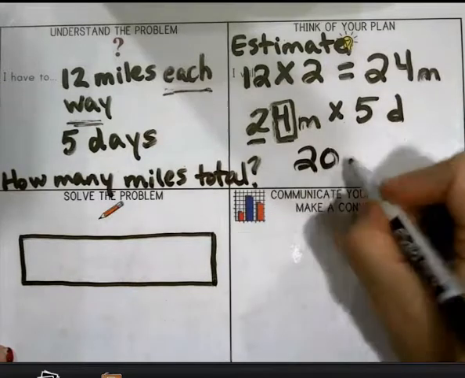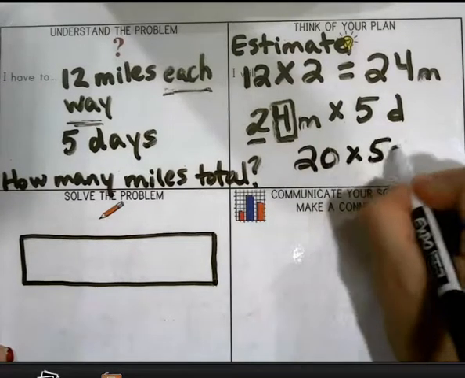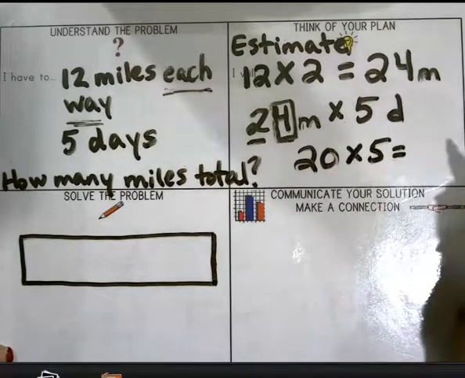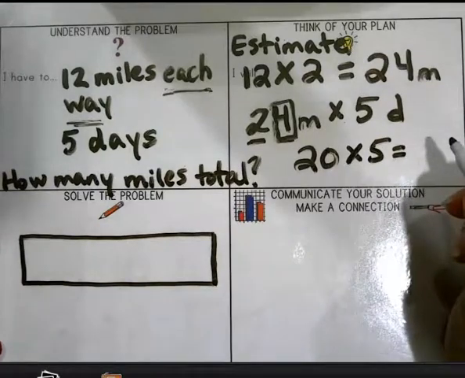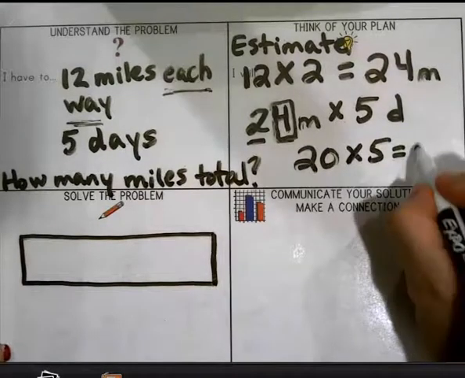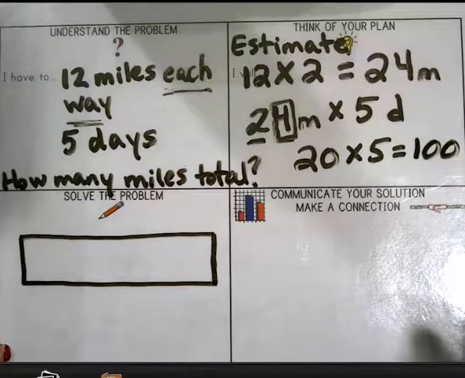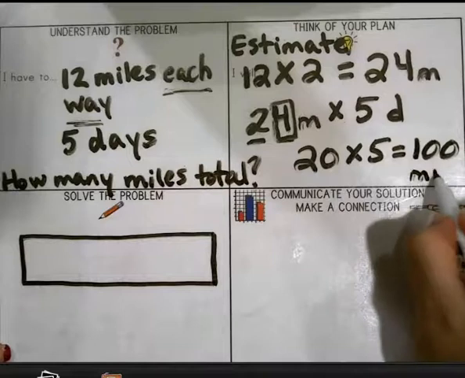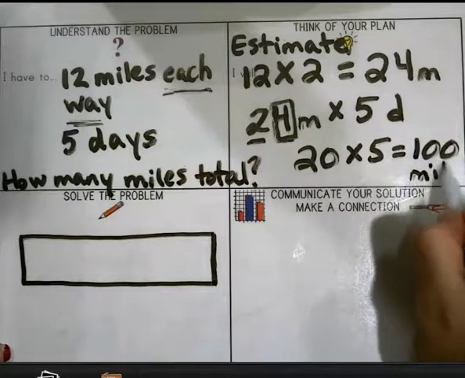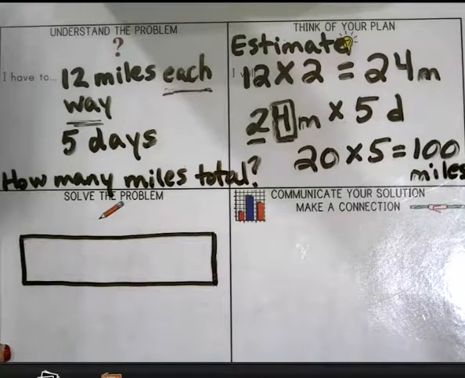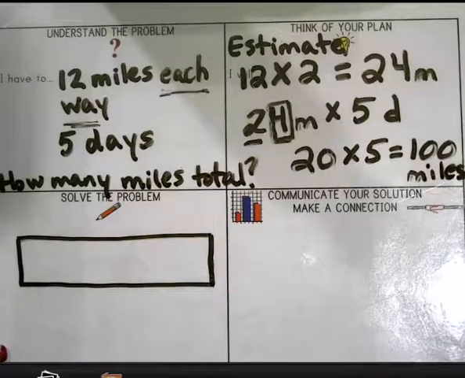So my estimate is 20 times 5, which is 100, of course. 5 20s is 100. So my estimate is I travel 100 miles each week to get to work.